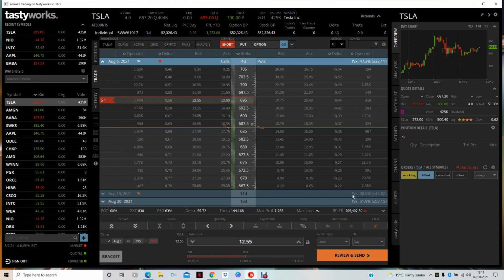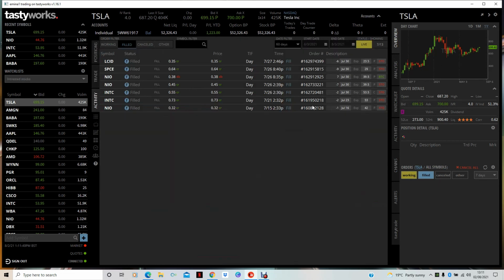Any questions? If I haven't explained anything correctly, just let me know and I'll try and explain better in the comments. And each week I'm going to do a video of the money that I've been earning. If I go on my activity, the bottom two rows are my first week, and the top six rows are what I did last week.